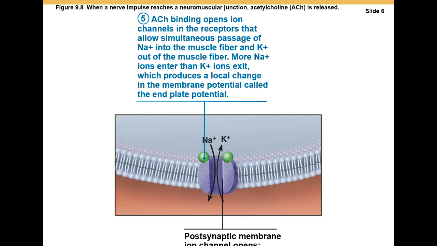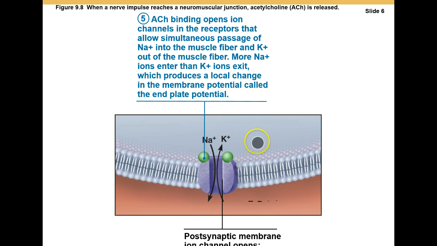Now, normally the inside of the cell has very little sodium in it and it's relatively negatively charged. So because it has very little sodium and it is negatively charged, literally the sodium rushes into the cell. Positive charges get attracted to negative charges. So remember, the inside of the cell is going to be negatively charged.